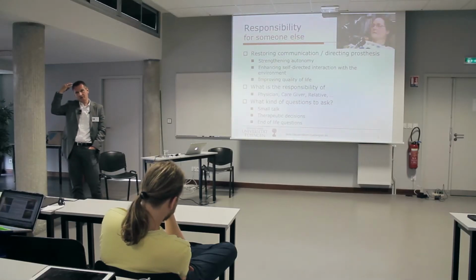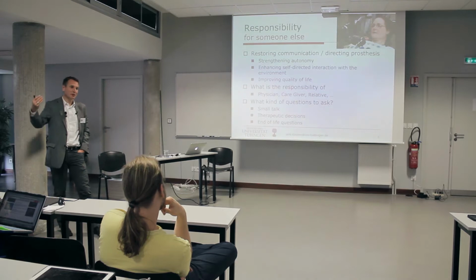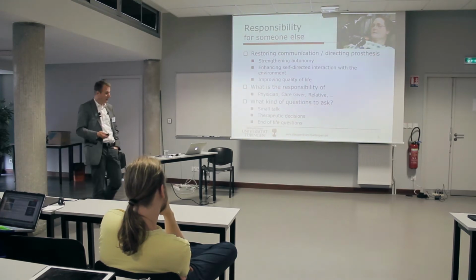This is a prosthesis. Restoring communication is usually done in locked-in patients who cannot move anymore, not even their arms. Sometimes there is some blinking left, and these patients may benefit from technological applications, recording brain signals and using these recorded signals to direct a spelling device and therefore to communicate with the environment.